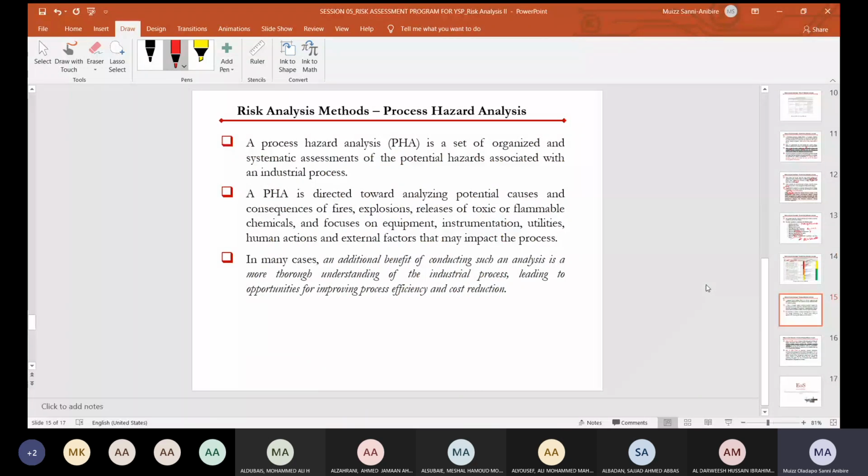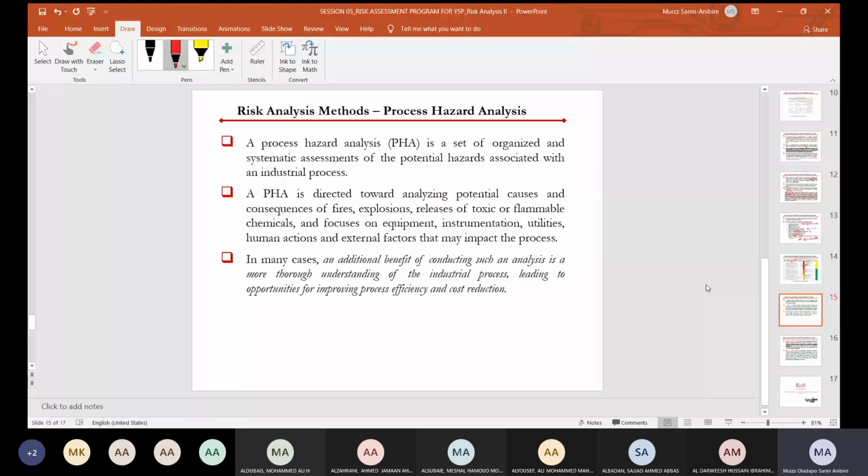So in the process hazard analysis, you have to carry out a set of systematic assessments of the potential hazards as stated in the industrial area. So PHA identifies these potential causes and consequences from things like fires, explosions, analysis of toxic or flammable chemicals and dispersion, and focuses on equipment, instrumentation, utilities, human actions, and external factors that may impact the process.